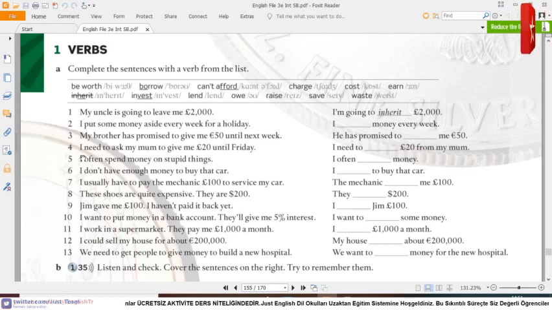And number 4, I need to ask my mom to give me 20 pounds until Friday. I'm waiting for your comments. And the thing I want from you is being active.